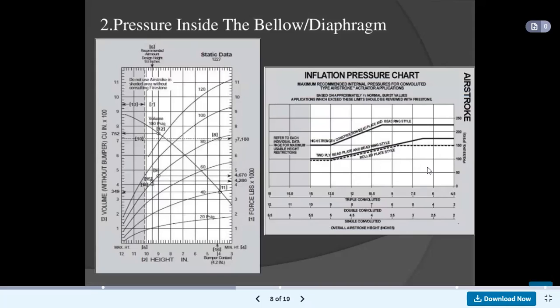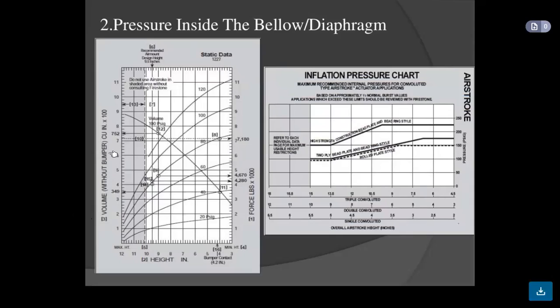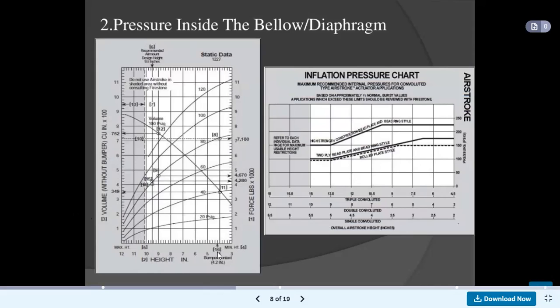If we see the second point, pressure inside the bellow or diaphragm. If we see this diagram, on the y-axis, this is volume without the bumper, in cubic inches into 100, and in the horizontal direction, this is height in inches.